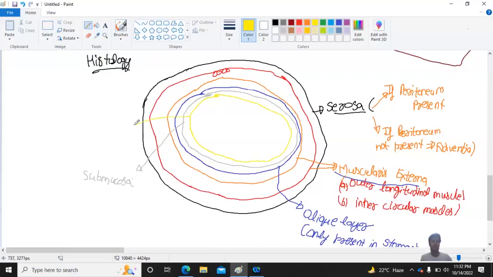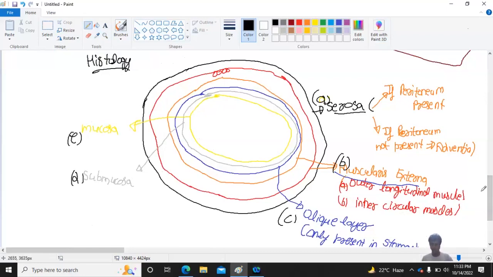This is mucosa. Done. So this is the first layer, second, third, fourth, and then fifth. So these are the histological layers of the stomach.